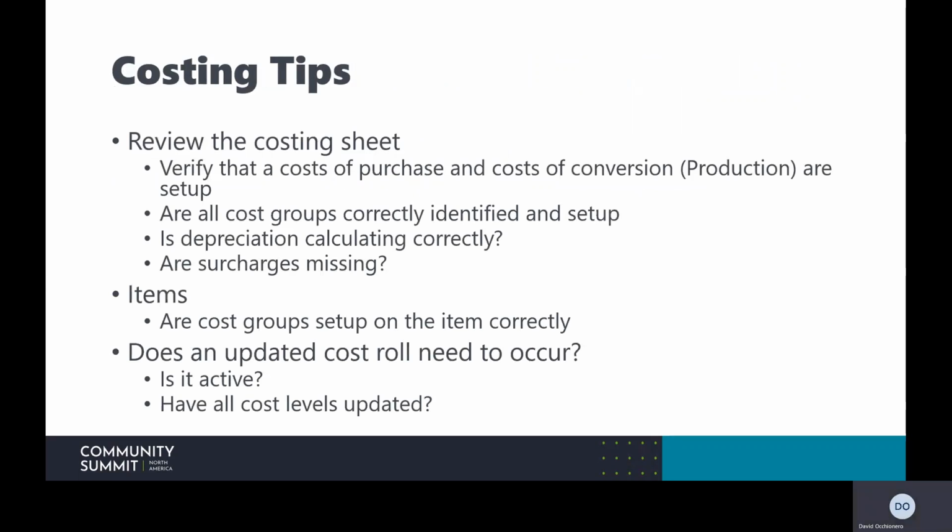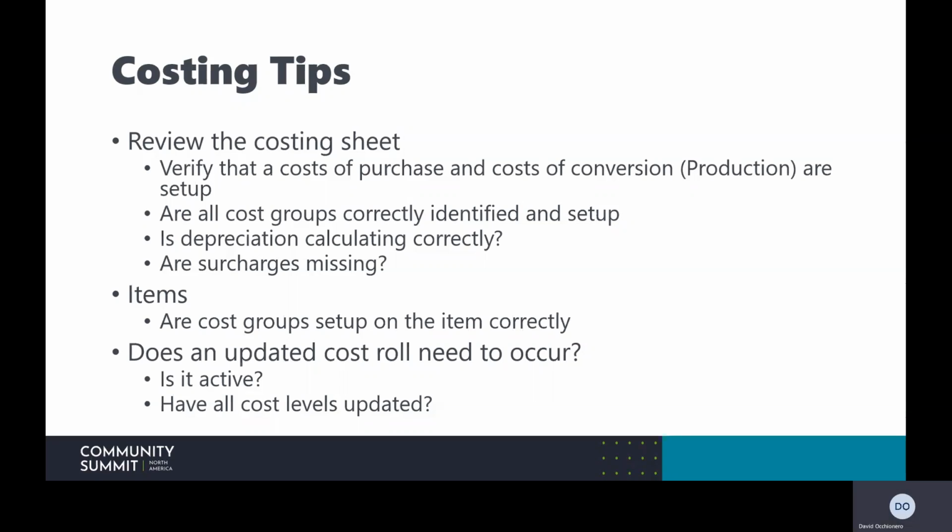So I also wanted to include a slide in this presentation dedicated to higher level costing tips. Prior to making the decision to change a costing method, it may make sense to do a cost study within your Dynamics instance. So with that, I want to first start with reviewing the costing sheet.